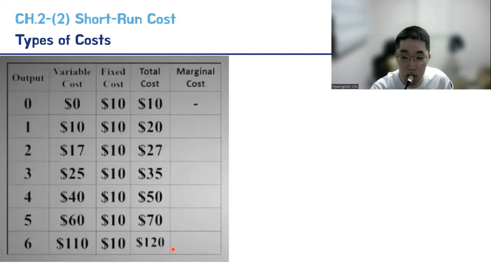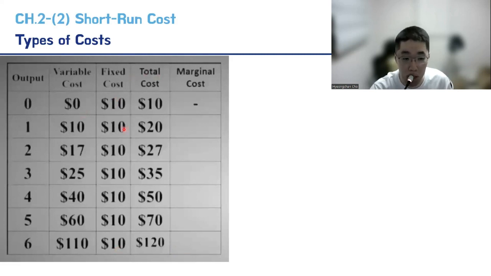It is really that simple. Okay? Variable cost plus fixed cost equals total cost, right?